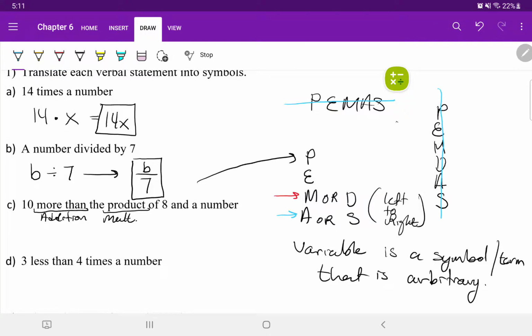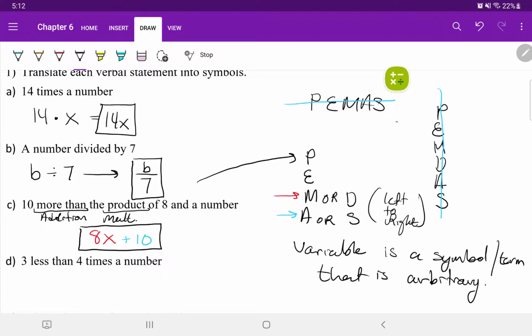So I must first represent the multiplication part. The product of 8 and a number, that's going to be 8 times some variable, which is going to be x in this case. More than is addition, so I'm going to put a plus 10. And this right here is 10 more than 8 times a number, or the product of 8 and a number.